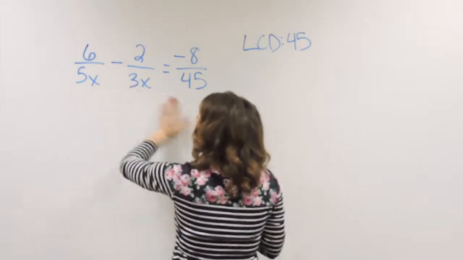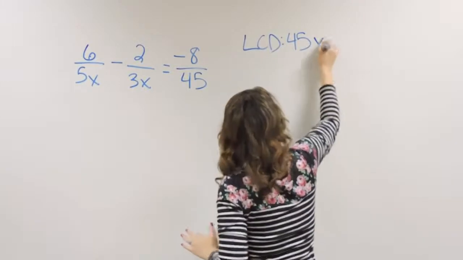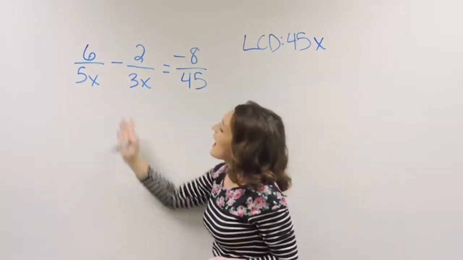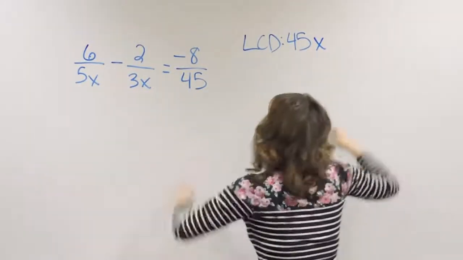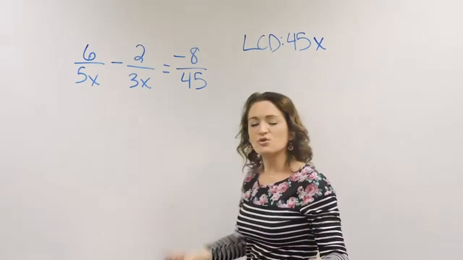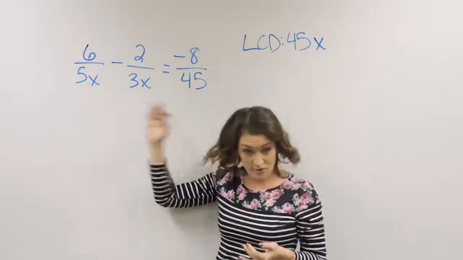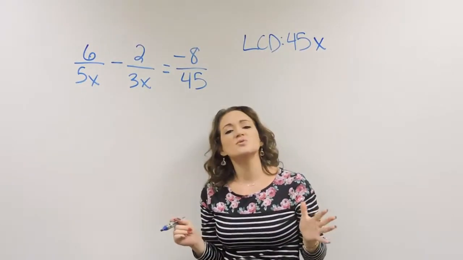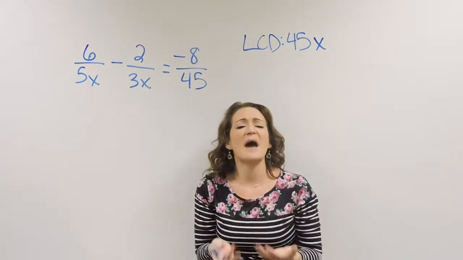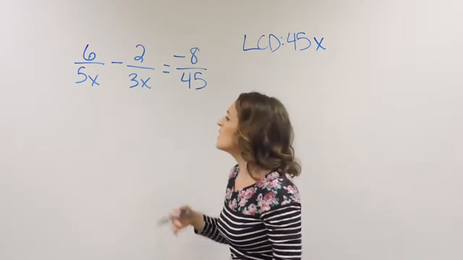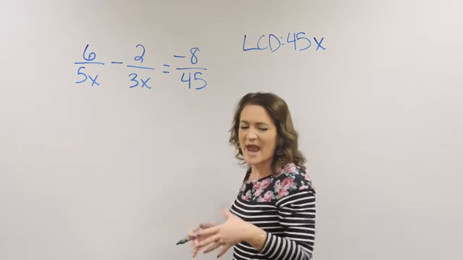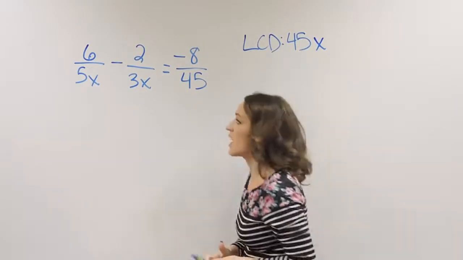Because all I have is x's, I'm going to tack on that x over here. Had I had an x and a y, I would add an x and a y. You need to tack on all the different variables that make up your denominators. And what you want is the highest power of each one.